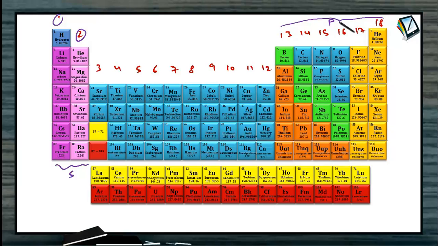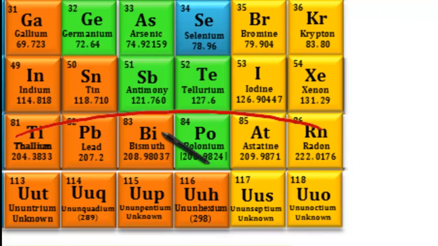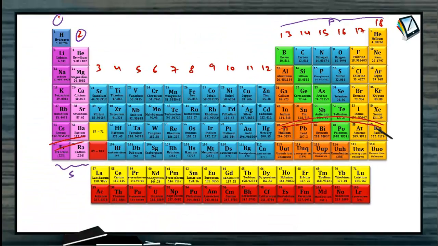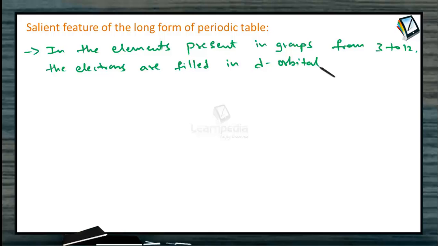That is the reason we call these two groups the s block elements and these 6 groups the p block elements. Anyhow, we shall discuss in the next session separately the classification of the elements into s, p, d, f blocks. Then for the elements present in groups 3 to 12, the electrons are filled in the d orbital.